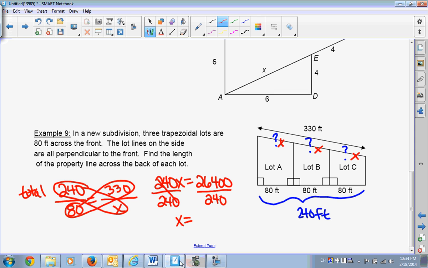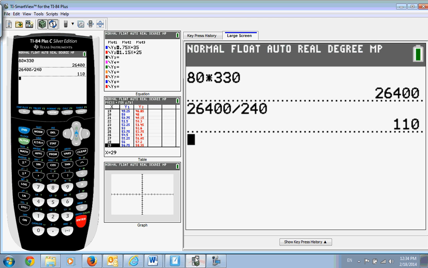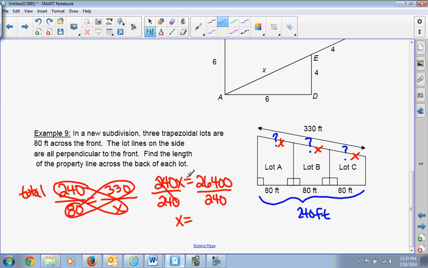So 26,400 divided by 240 is equal to 110. So each one of these is 110 feet long across the back.